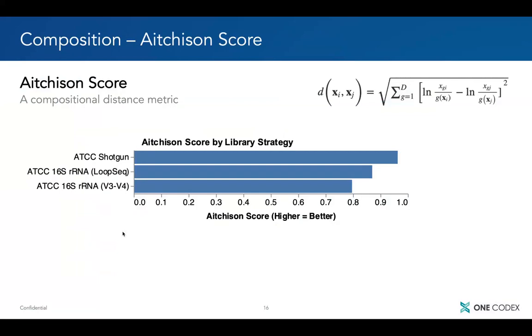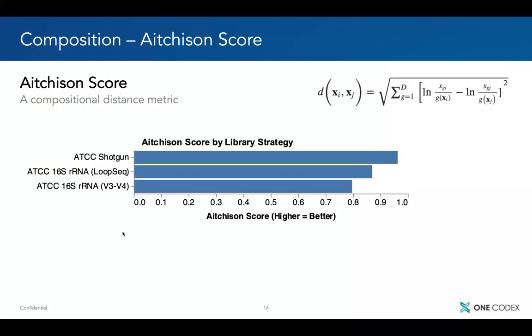And the formula is up on the top right, but basically this is a compositional distance metric. I believe the origin is actually geology or geochemistry, but it's designed specifically for thinking about the differences between 2 things that are mixtures where we only have relative abundance information and everything sums to 1, which is what sequencing data currently gives us.